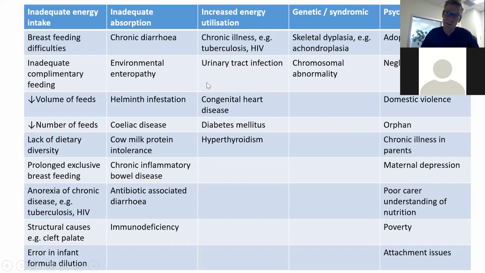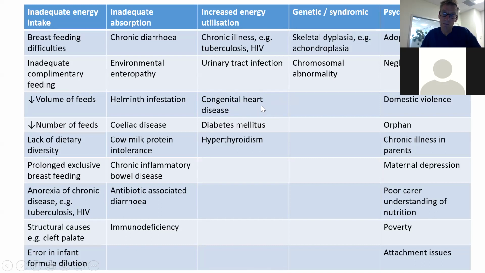So always think, if a child's failing to thrive, make sure they don't have something simple like a urinary tract infection that's gone undiagnosed. Then, of course, children with congenital heart disease, they'll have increased energy utilization because they'll be more tachypneic, or they'll have tachycardia, and that just uses up a lot of energy.